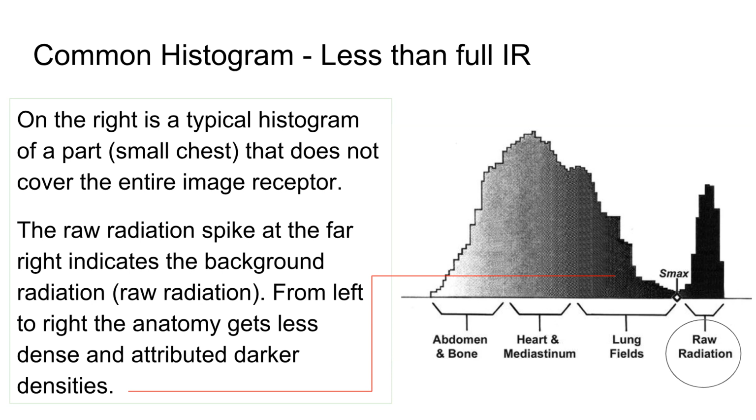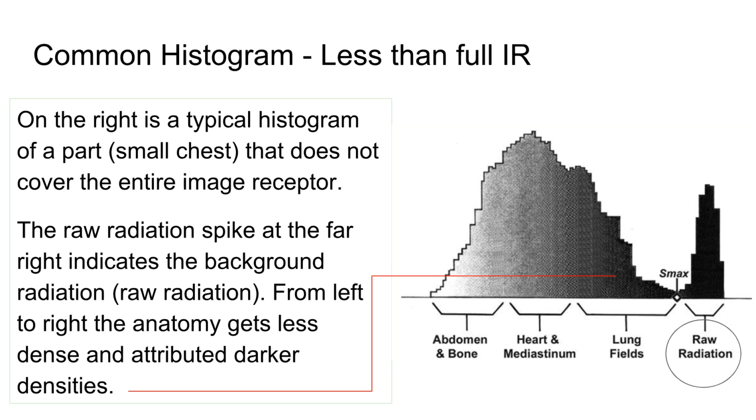Why is this important? If this spike is not recognized, your overall image might be too light because the computer will say, oh, this is really dark based on this spike that I missed. I'm going to make everything lighter to compensate.